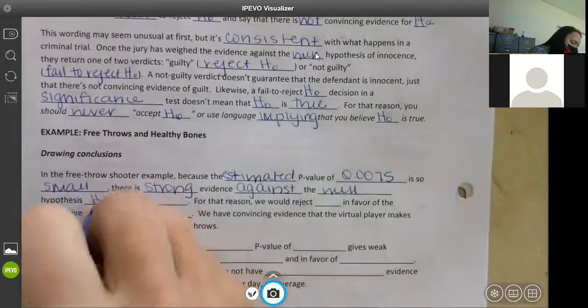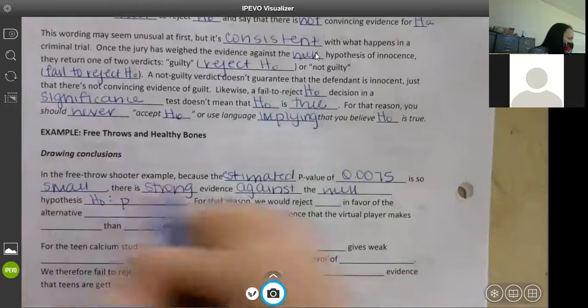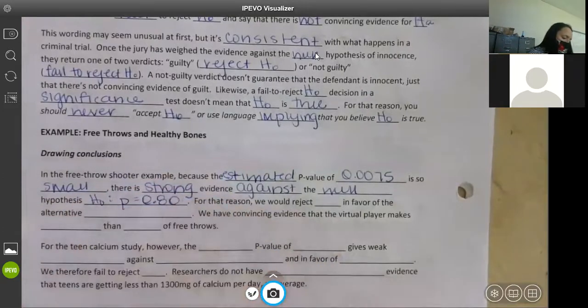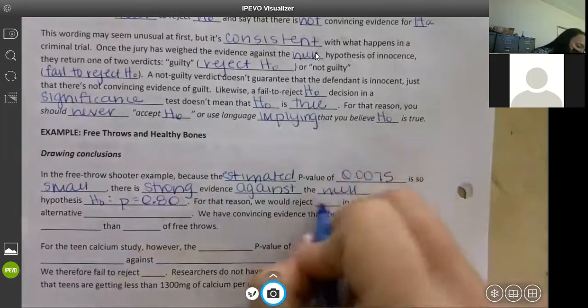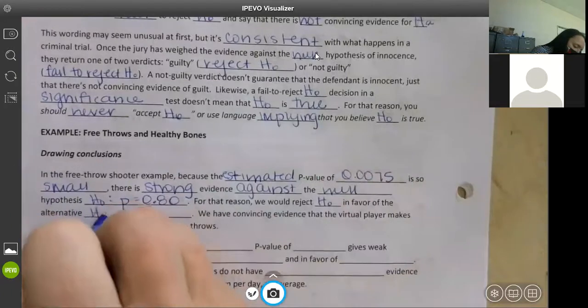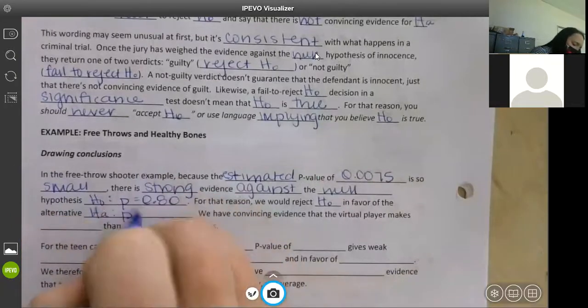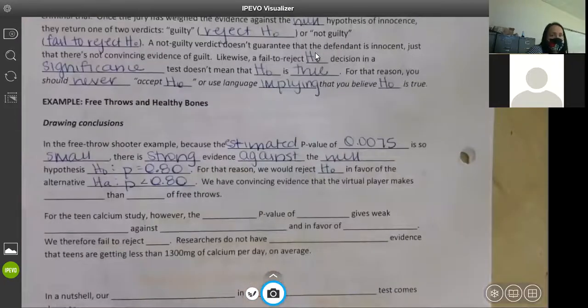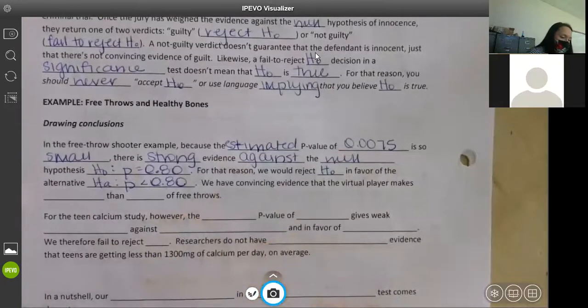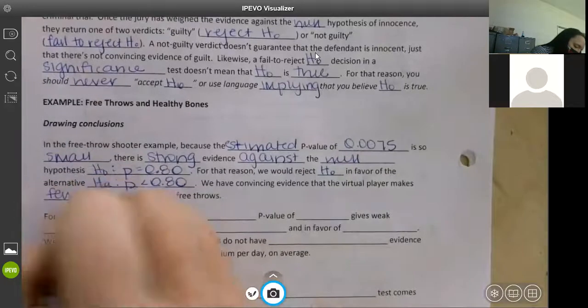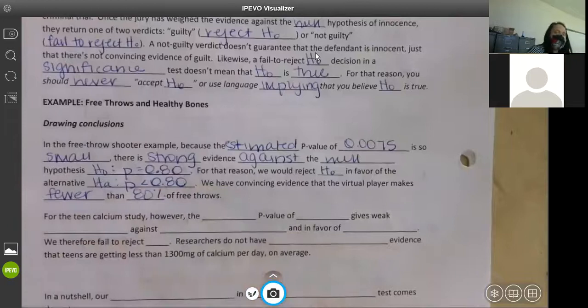And that null was that your probability was equal to 0.80. For that reason, we would reject H sub O in favor of the alternative, which was that it was less than 80%. And this is exactly how we'd say it. We have convincing evidence that the virtual player makes fewer than 80% of free throws.